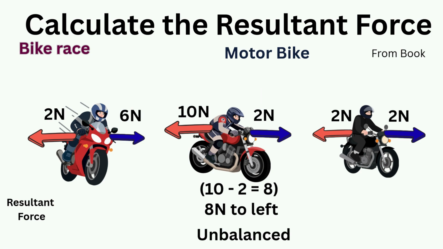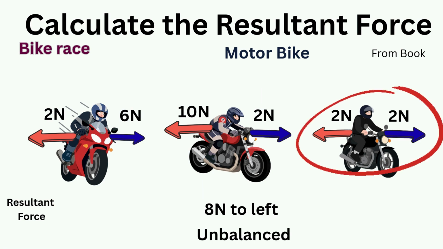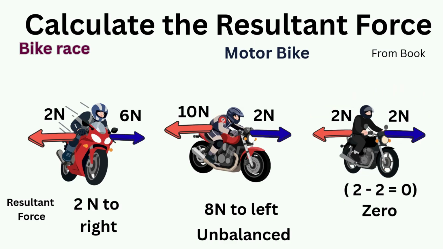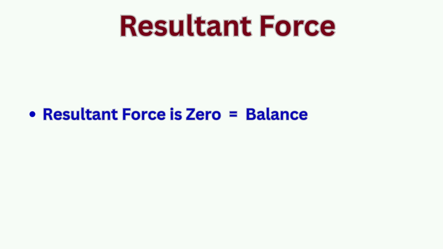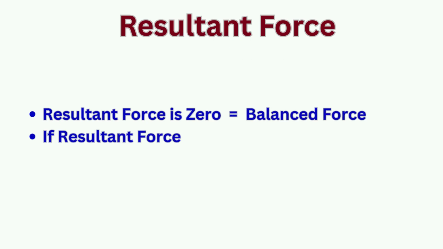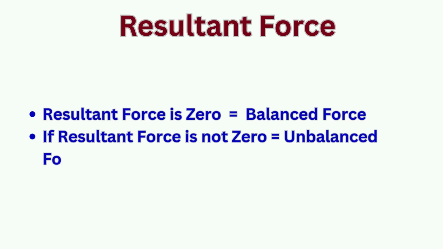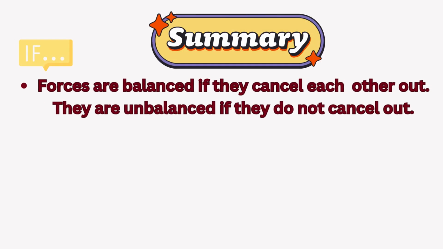But if it's 2 Newton on both sides, the resultant force is 0. That means it is balanced. So if the resultant force is 0, the forces are balanced. And if the resultant force is not 0, the forces are unbalanced. So forces are balanced if they cancel each other out, and they are unbalanced if they do not cancel out.